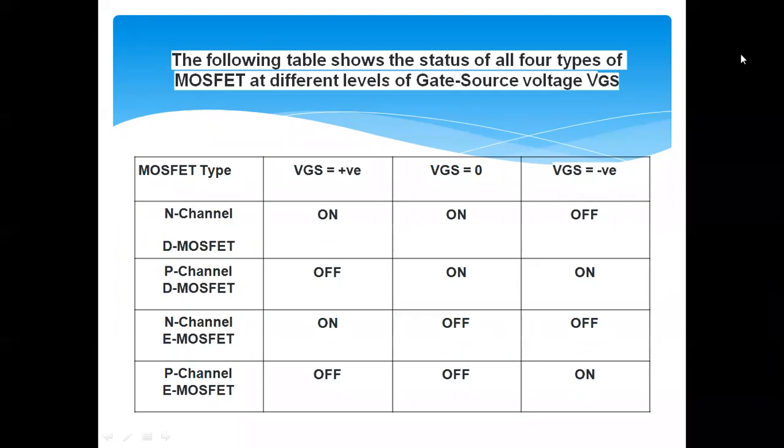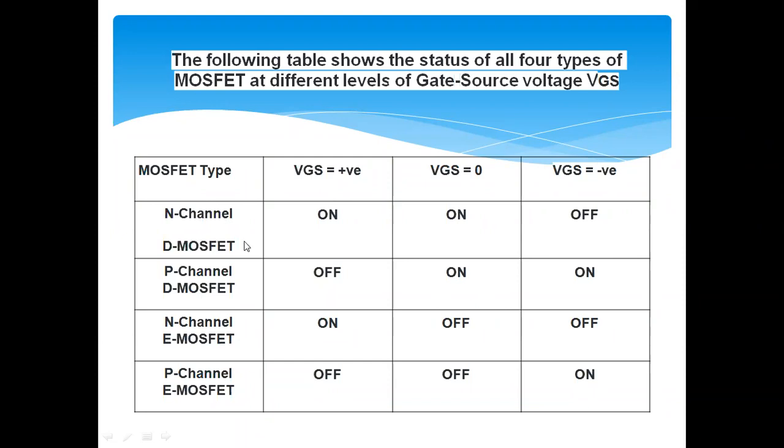Here you should remember that for VGS 0, both depletion type MOSFETs are on, and that's why it is called a normally on MOSFET. When you increase VGS, depending upon the type of MOSFET, it can act as an enhancement type MOSFET.